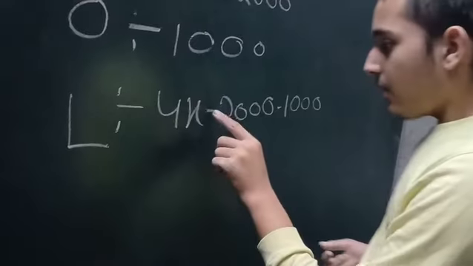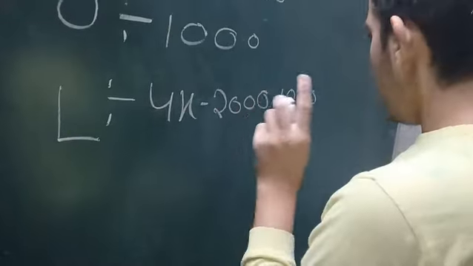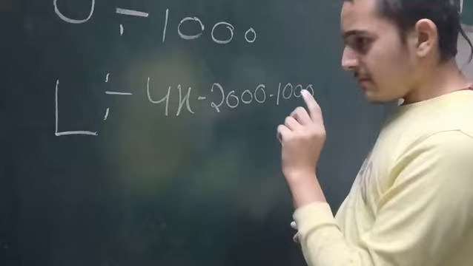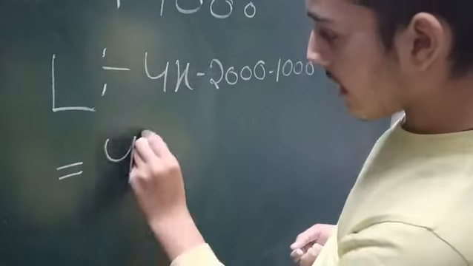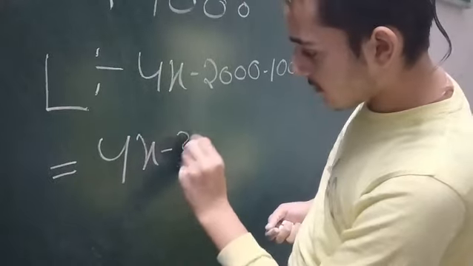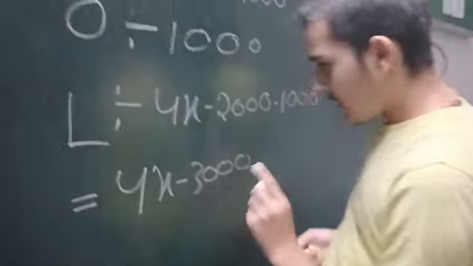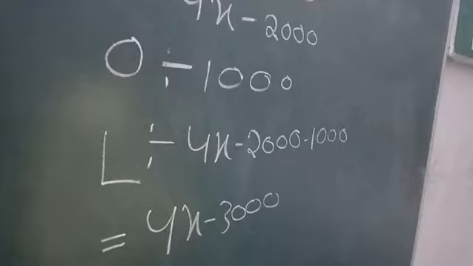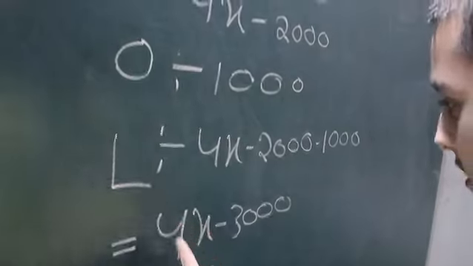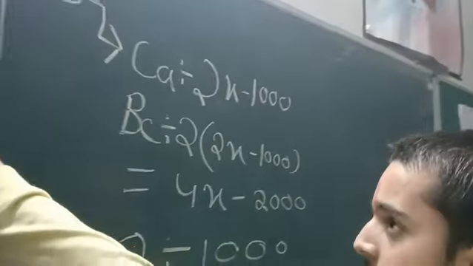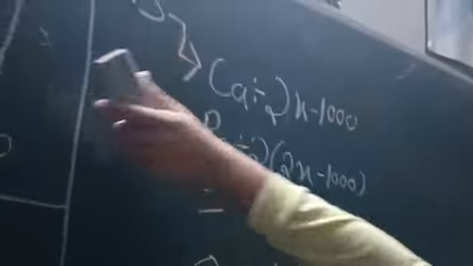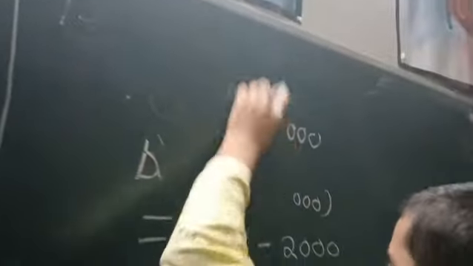Now we know that both the signs are the same here, so they will be added, which is equal to 4x minus 3000. Now again the money which is left here will be carried to the next temple. So L here will again be the CA of temple C. Now I hope that you are clear with this, so I am going to close this.